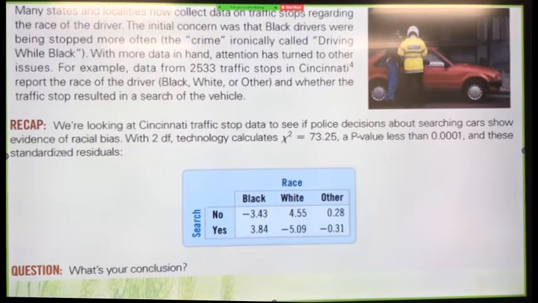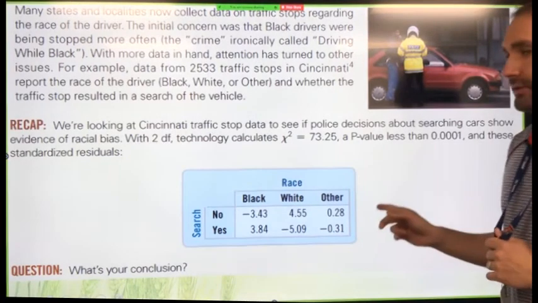So tell me, if our null hypothesis is there is no difference, and the alternative is that there is a difference, would you reject or fail to reject? Reject, right? This is less than 0.05. So I'm rejecting the null, so I'm saying there is a difference between the race of people and whether or not they get their car searched.